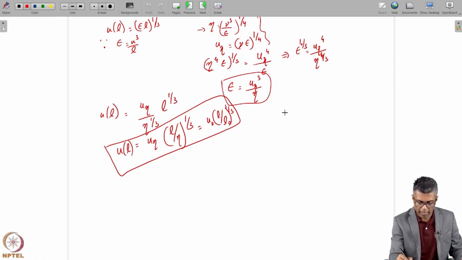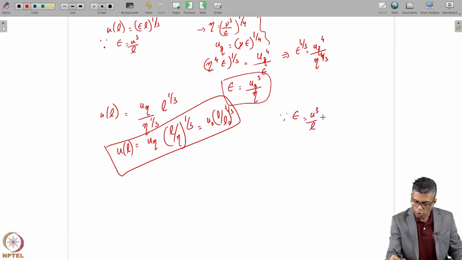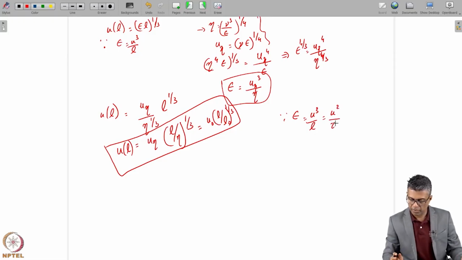So now keep in mind my U of L. Since epsilon is equal to U cube over L or U squared over tau, which means if I write this U in terms of L over tau, then this becomes L squared over tau cube.